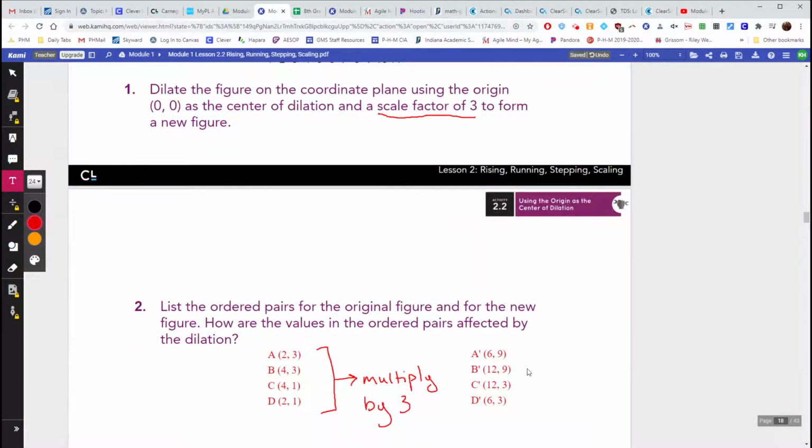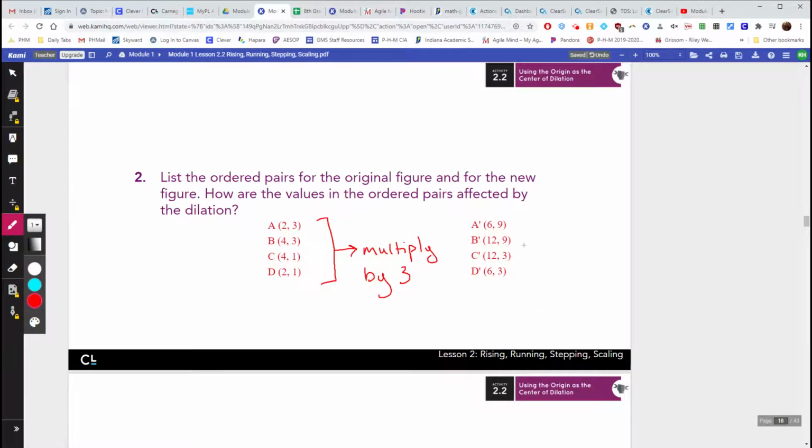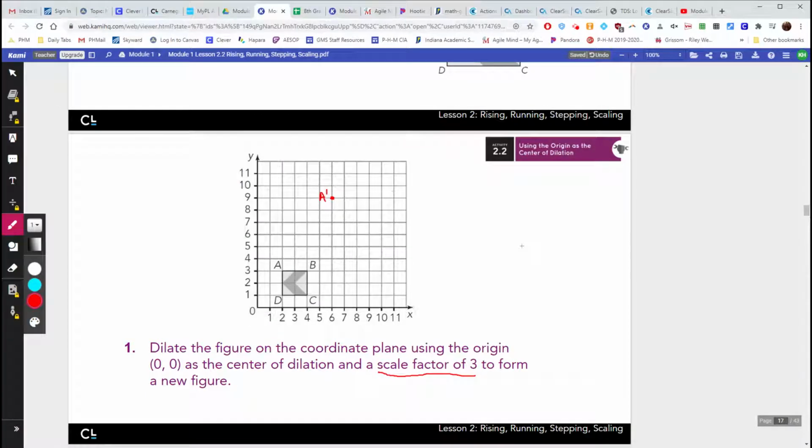We're going to plot A prime at 6, 9. So 6, 9 is right here. This is A prime. B prime was 12, 9. So over here's 12, and 9 is right there. There's B prime.